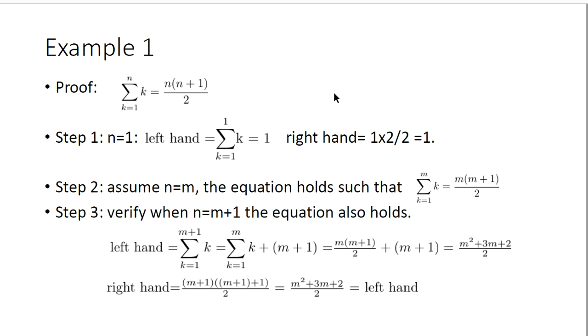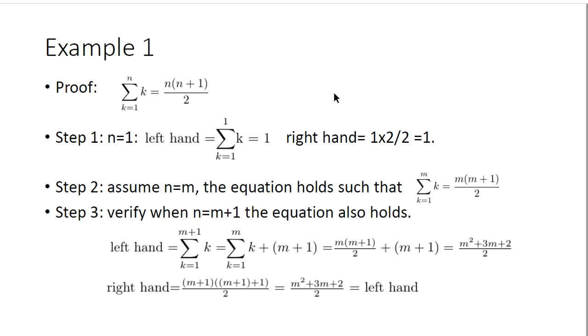So left hand, if we replace n with m plus 1, the sum of k from 1 to m plus 1. This summation can be separated into two parts. First part, the sum of k from 1 until m, plus the final element m plus 1. Right? Then we can take advantage of the second step.